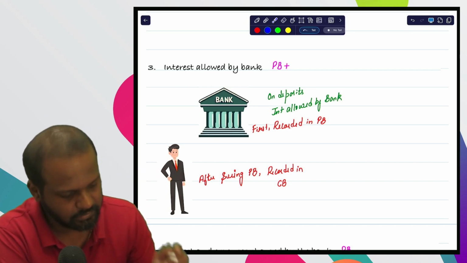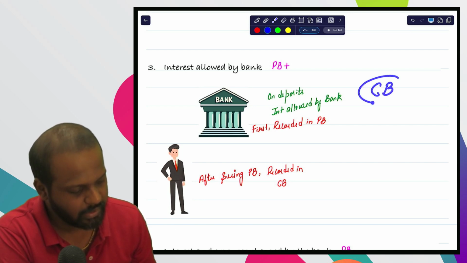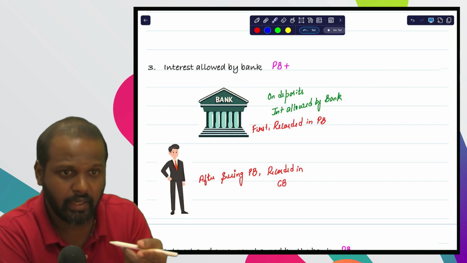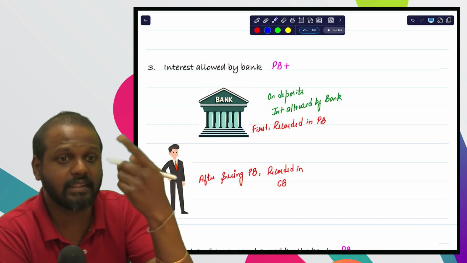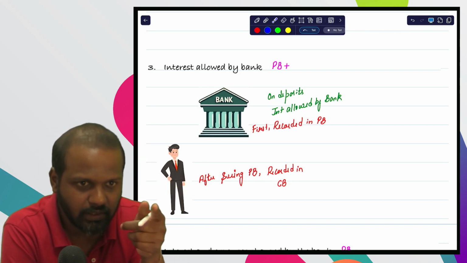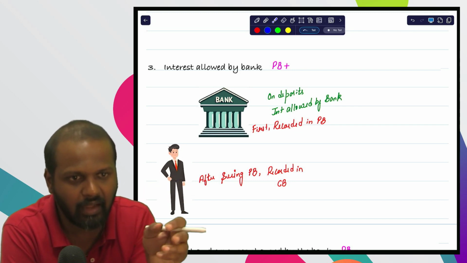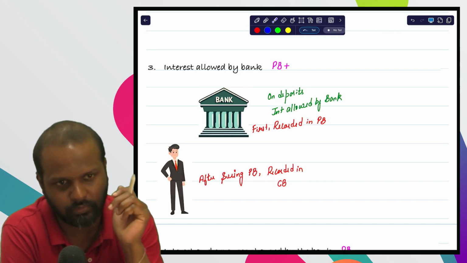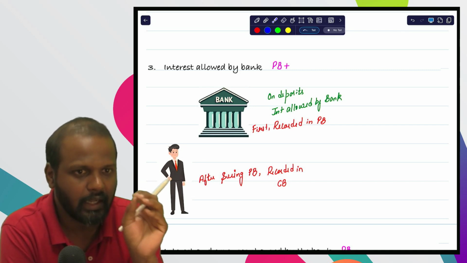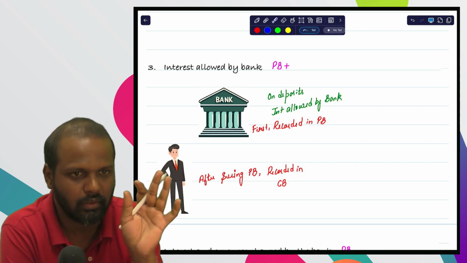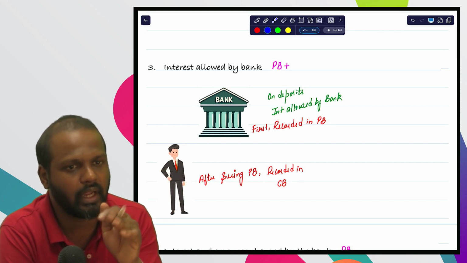But a doubt will arise, sir: when will I do the entry in cash book? I will do the entry in cash book only after I see the passbook. After I see the passbook, I will come to know that this much interest is being given by the bank. Then I will also do the entry in the cash book. So till the time you have not seen the passbook, you will never do the entry in the cash book.